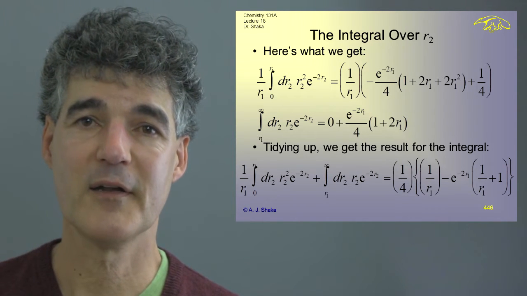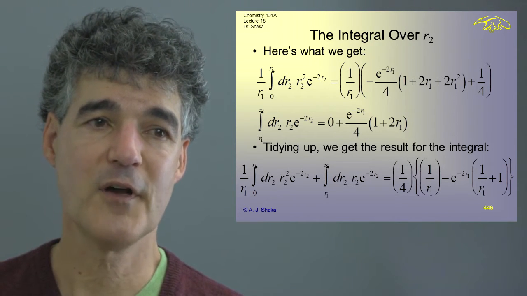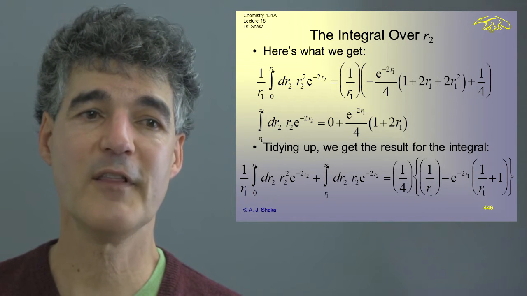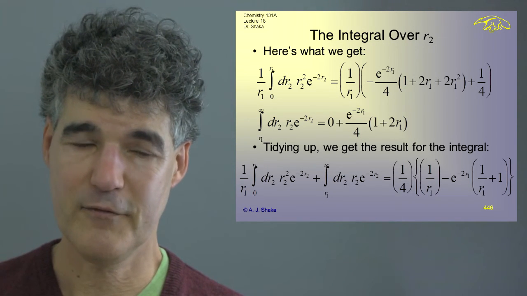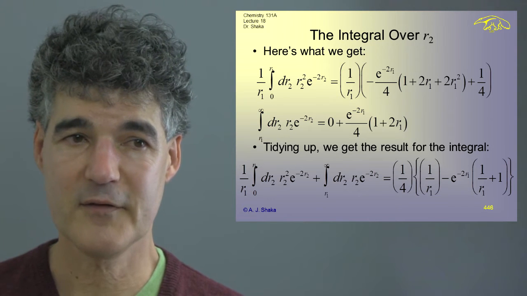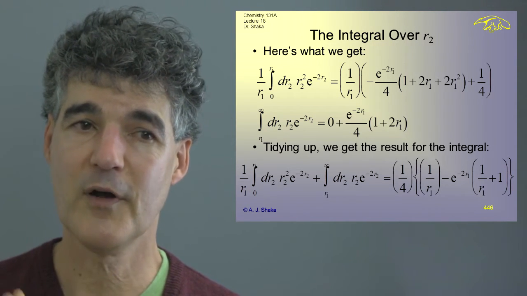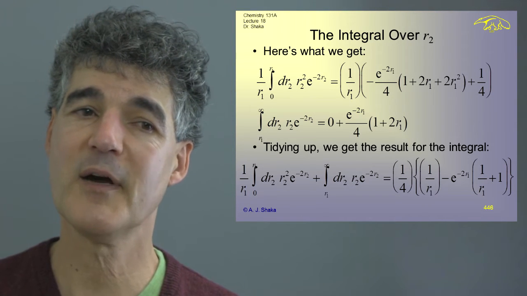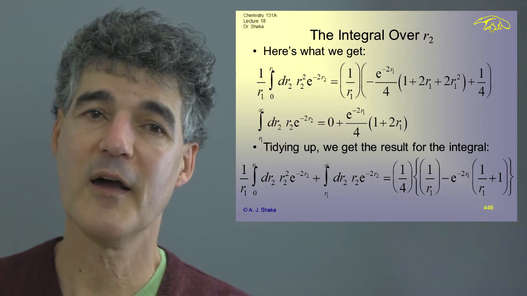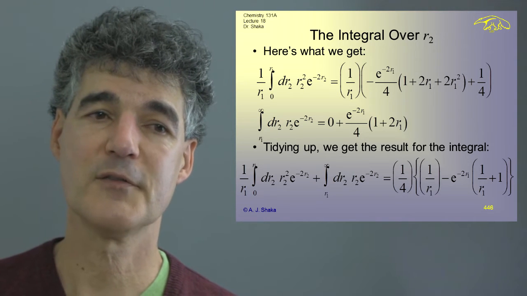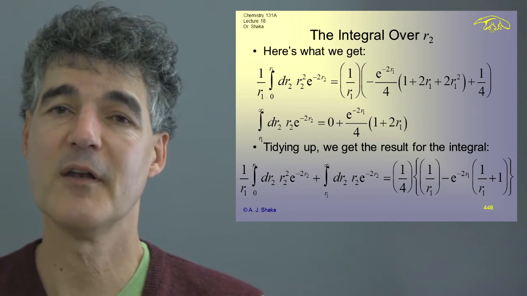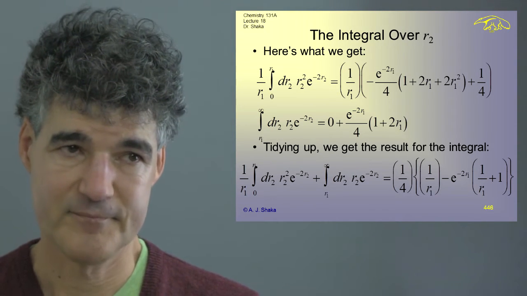And then we have a term that I've shown. And if you tidy everything up, you get that this radial integral is equal to 1/4 times 1 over R1 minus e to the minus 2 R1 times 1 over R1 plus 1. It's a little bit messy, but not too bad.